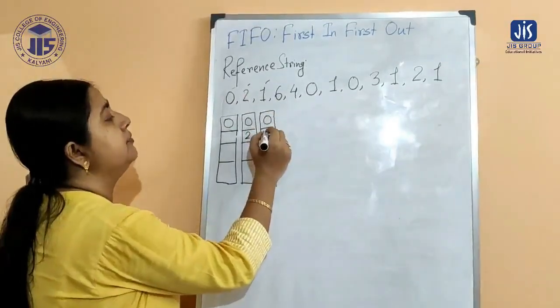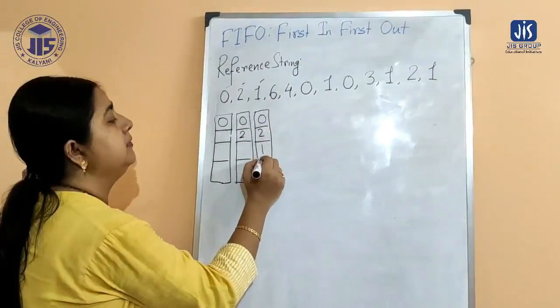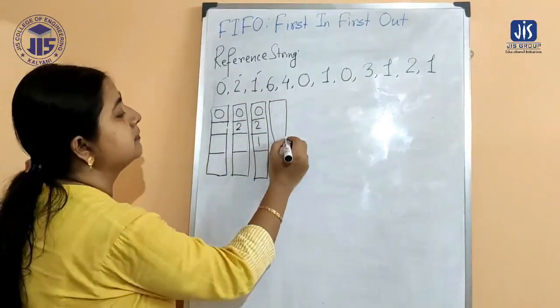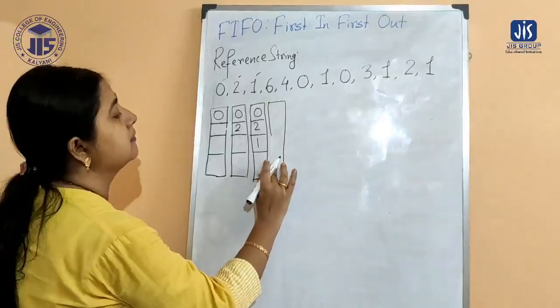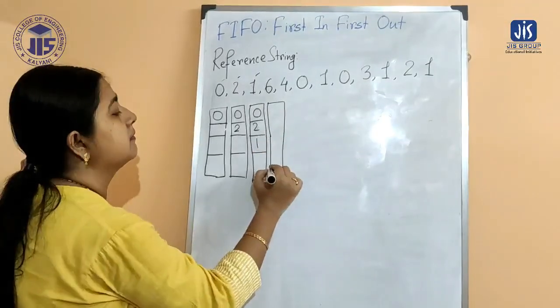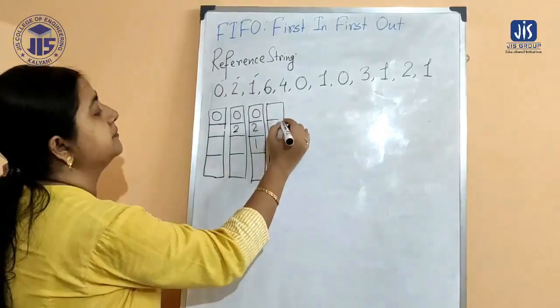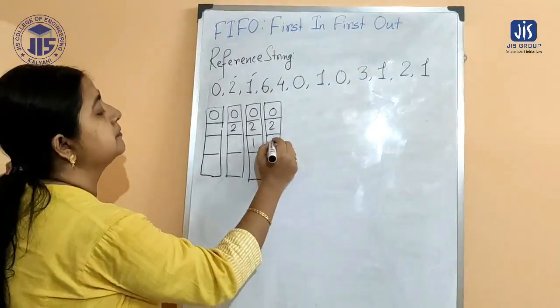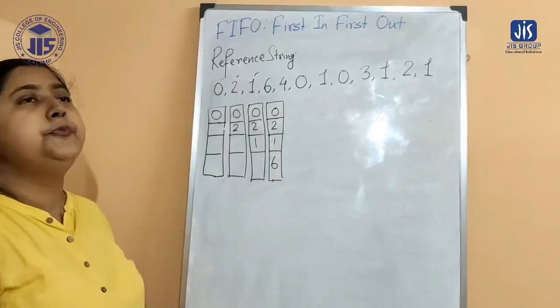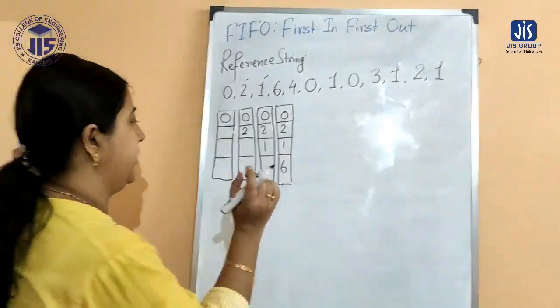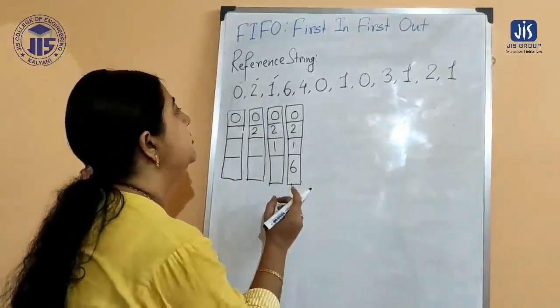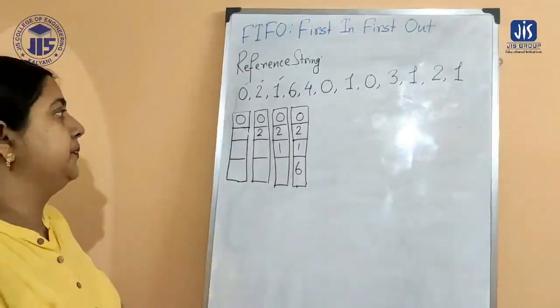So 0, 2, 1 and then 6. Up to now, because the frames are empty, we don't need to replace any page.